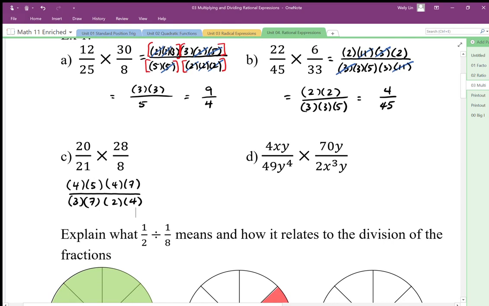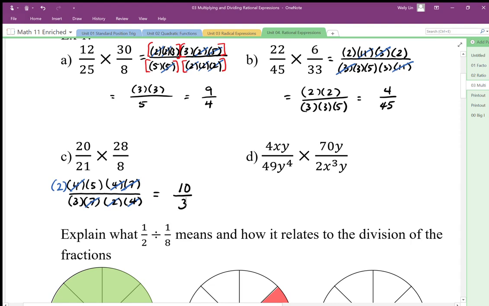Once I have my times and divide all in the right spots, I can start canceling out factors. So I have 20 over 6, but this 4 and 2 can cancel out, and I'm left with a 2 on top. So my simplified version is going to be 10 over, and the only factor that's left on the bottom is 3.